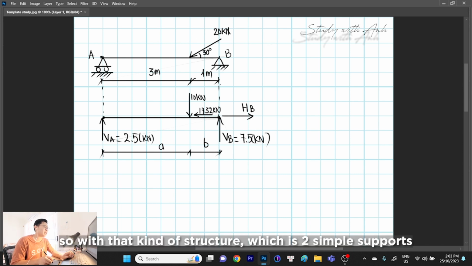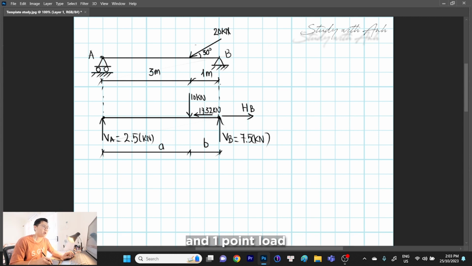So with that kind of structure, which is the 2 simple supports and 1 point load, the vertical reaction can be determined like this. It can be determined by P multiplied by B over the total length, right?